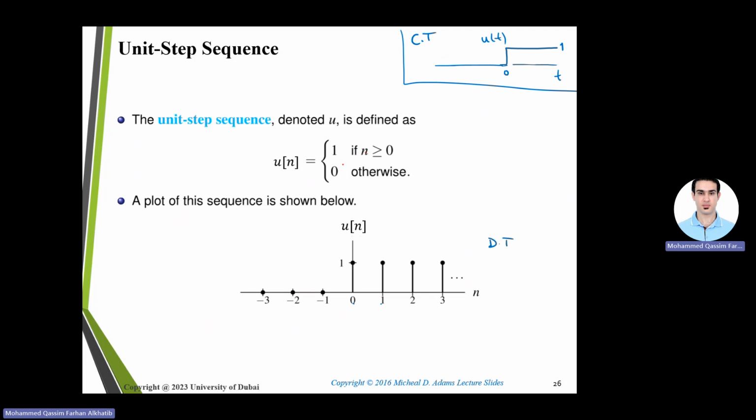It is a signal that has a value of 1 for nonnegative indices of n, and 0 elsewhere. To draw it, you have the indices 0, 1, 2, 3, and you have just the value 1. Pretty much like the one we do in the time domain. You take these samples, and you have this unit step function.